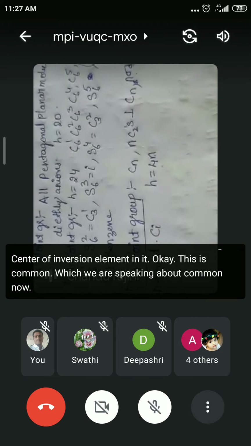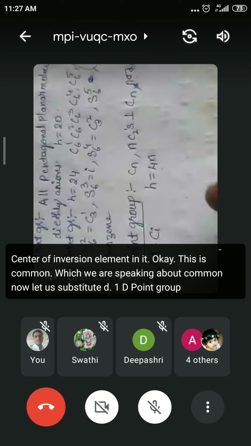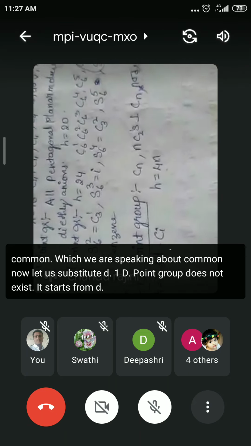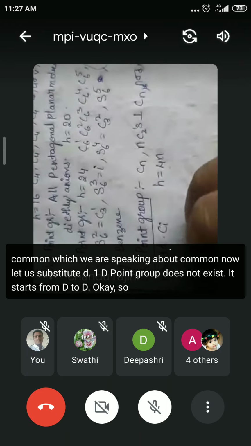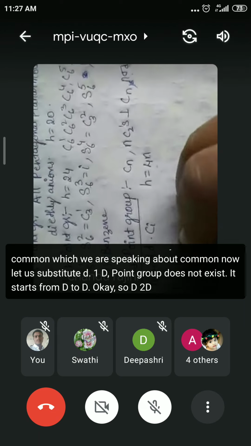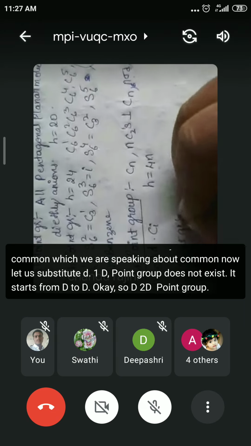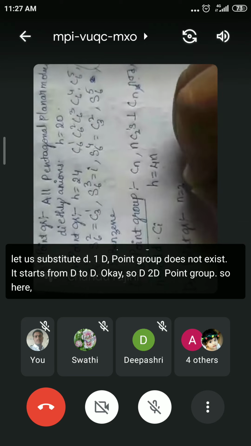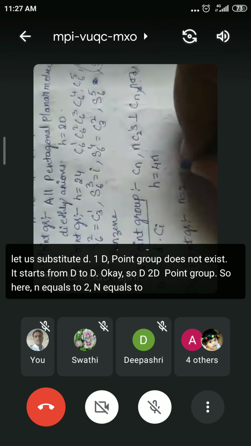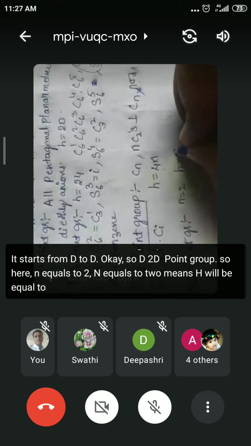Now let us substitute. The D1d point group does not exist. It starts from D2d. So the D2d point group, here n equals 2. n equals 2 means h will be equal to 8 elements.